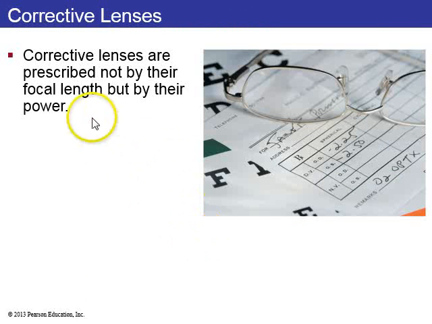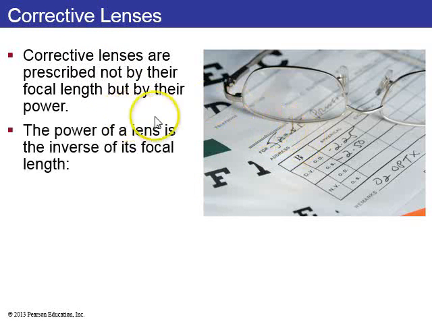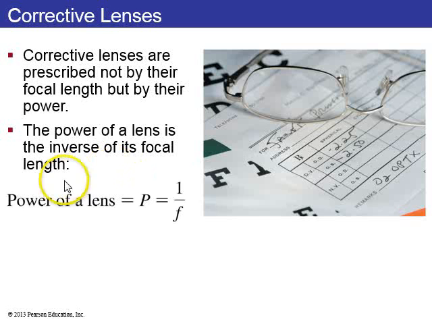So there's a whole field of optometry, which I'll go over a little bit, which is dealing with corrective lenses. Corrective lenses are prescribed not by their focal lengths, but by lens power. Lens power is defined as 1 over the focal length.